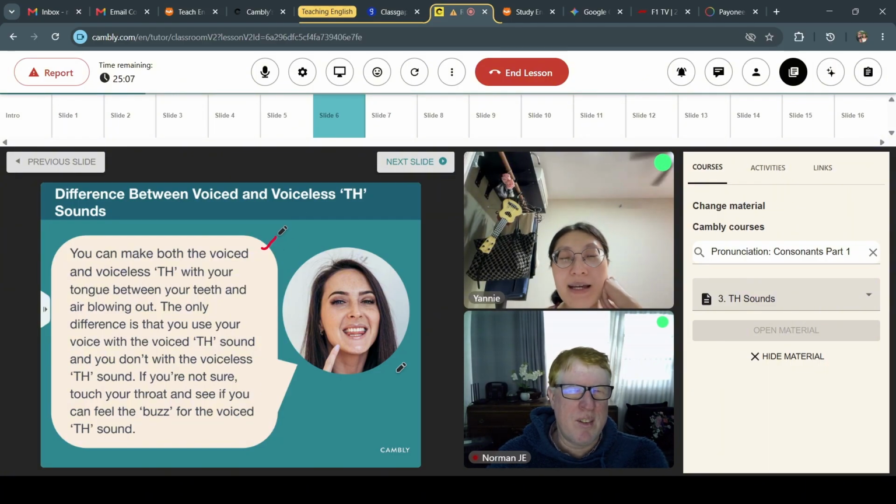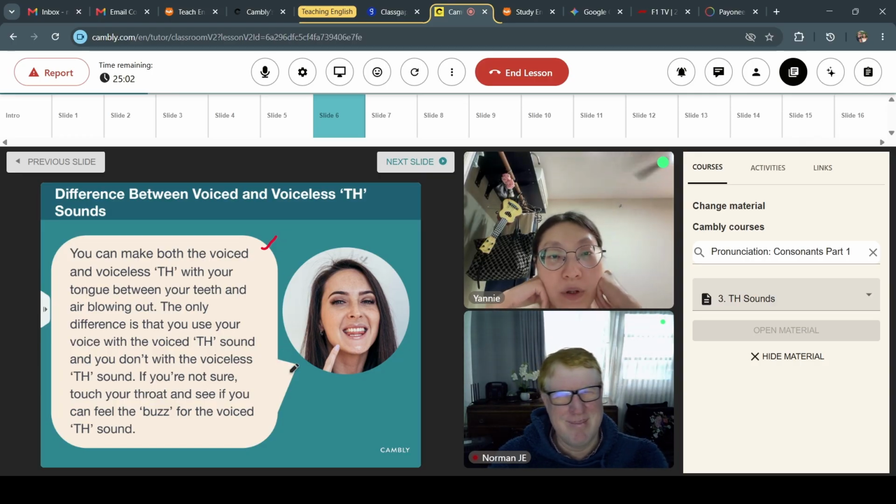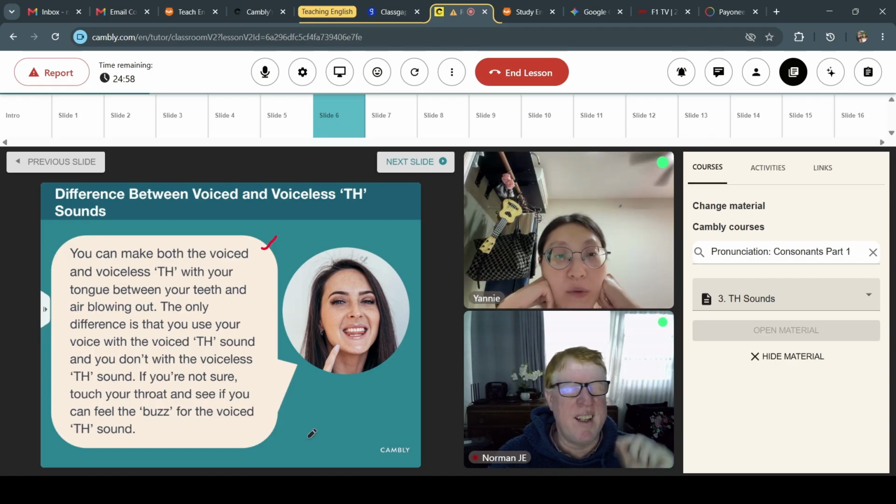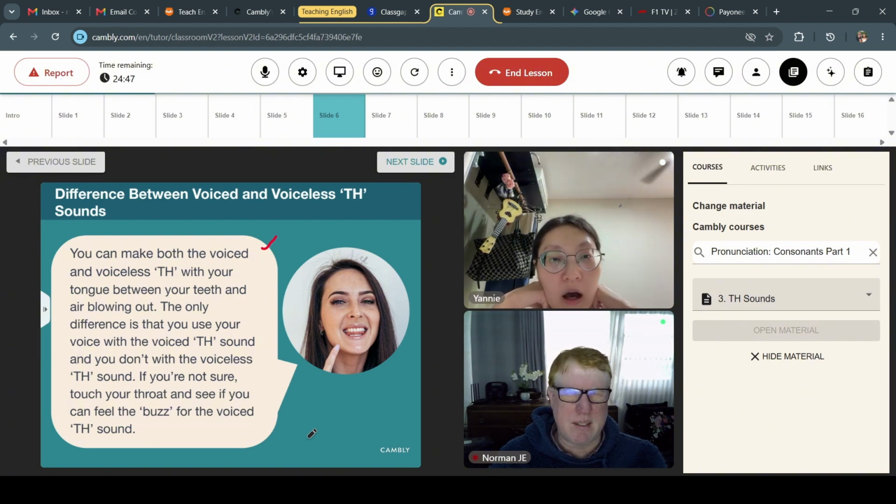Okay, so the difference between voiced and voiceless sounds. You can make both the voiced and voiceless TH. With voiceless, you put your tongue between your teeth and air blows out. The only difference is that you use your voice with the voiced TH sound and you don't with the voiceless TH sound.